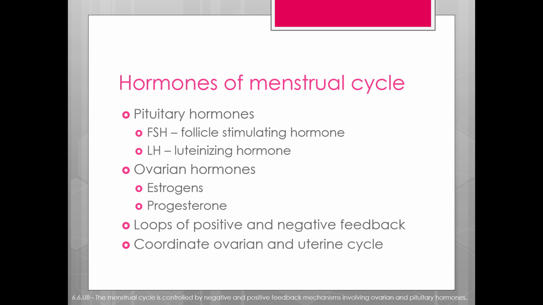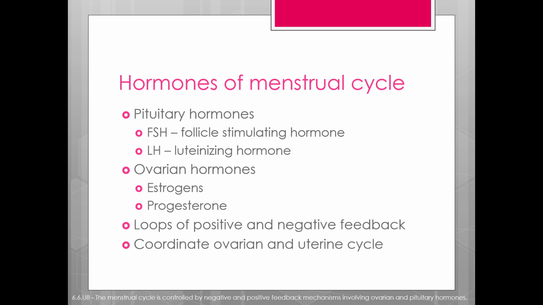This is exactly how it is. The pituitary will produce 2 hormones which will affect the ovaries. Then the ovaries will produce their own set of hormones affecting the rest of the organism.